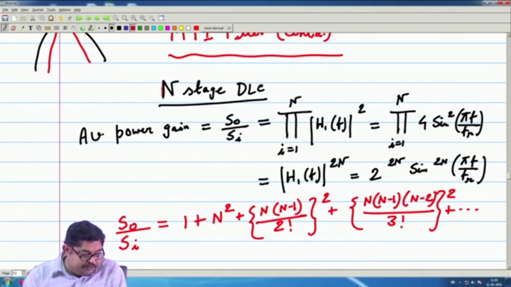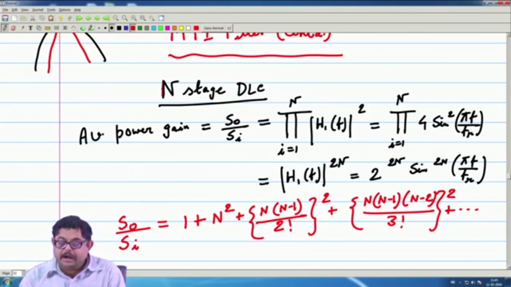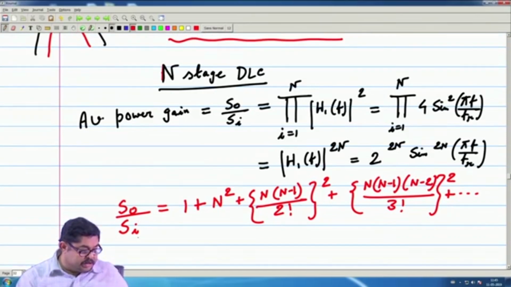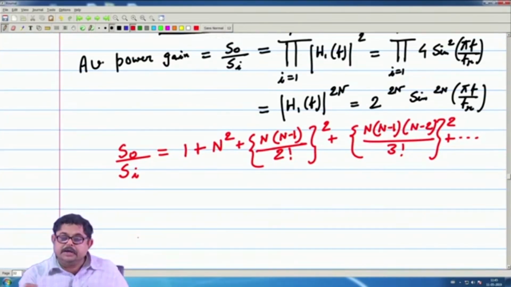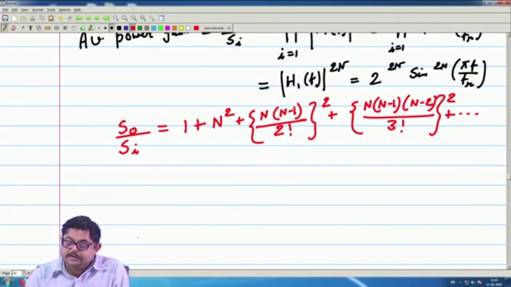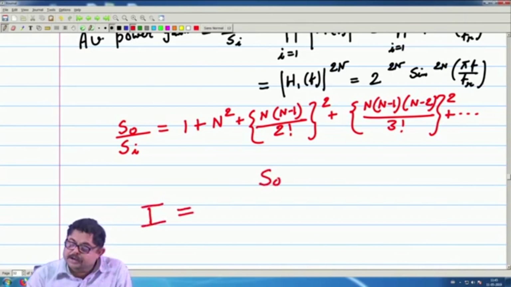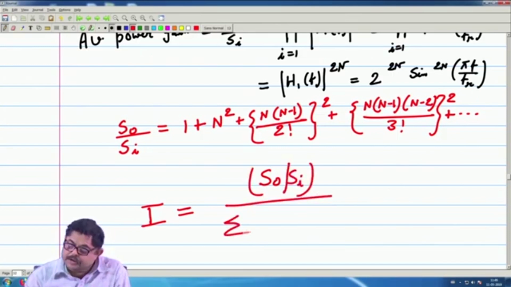And also we can relate what I said now, that for a given improvement factor how much S naught I want. For that people have found an expression: if you have an n stage tapped delay line implementation, then the MTI improvement factor is related to this by this formula.